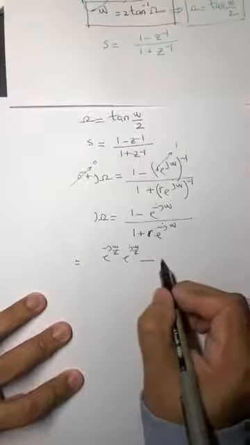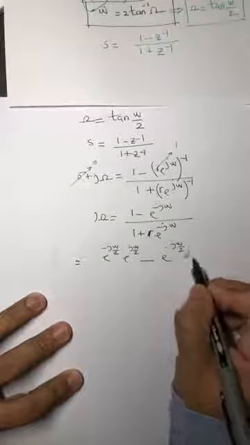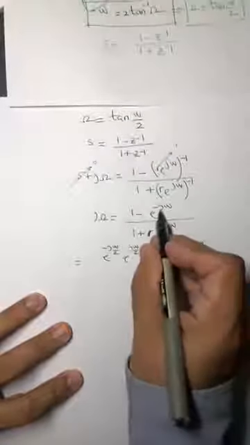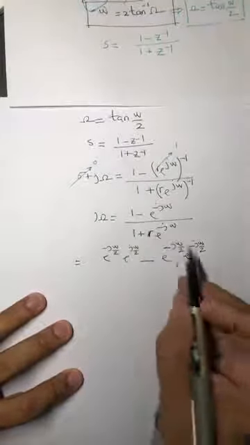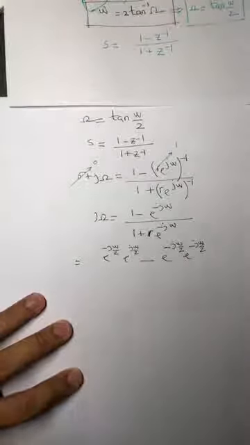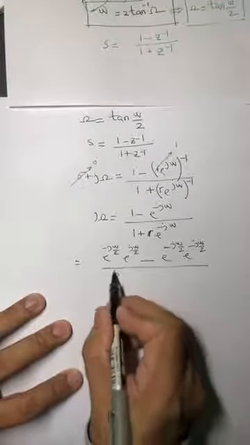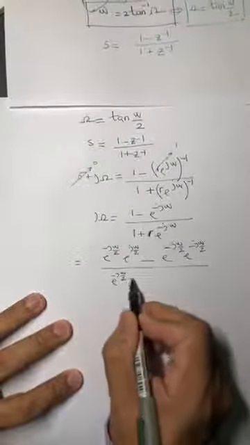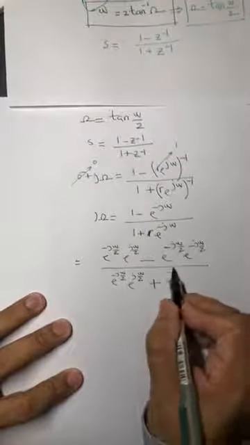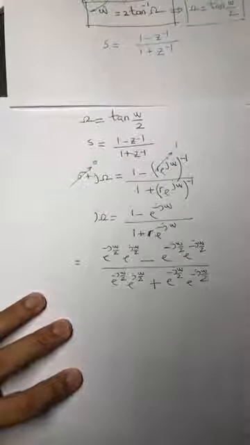Minus j omega will make a minus j omega over 2 into j omega over 2, and once you add you will get a 1. Similarly here you have exponential minus j omega over 2 into exponential j omega over 2, and similarly plus exponential minus j omega over 2. This is a technique which is used a lot in signal processing.